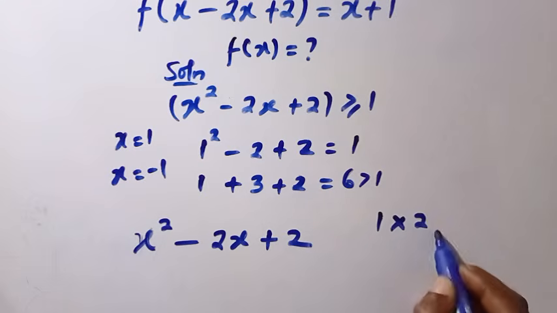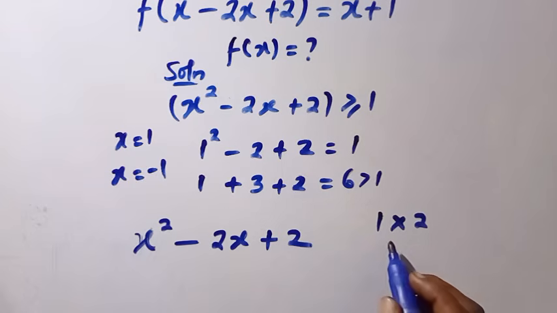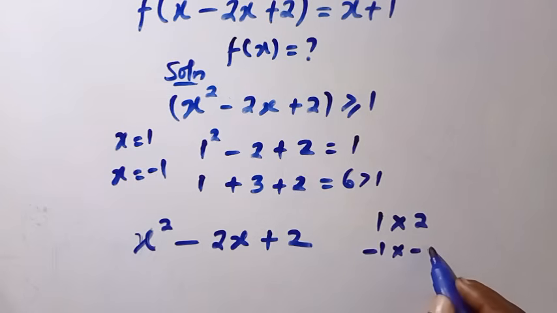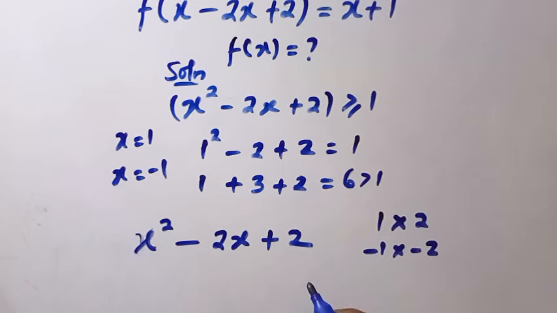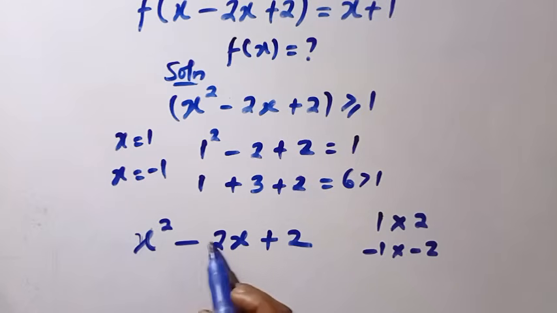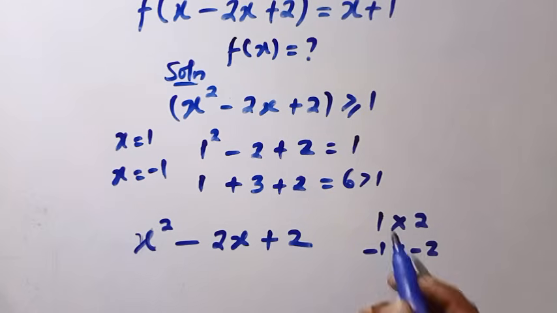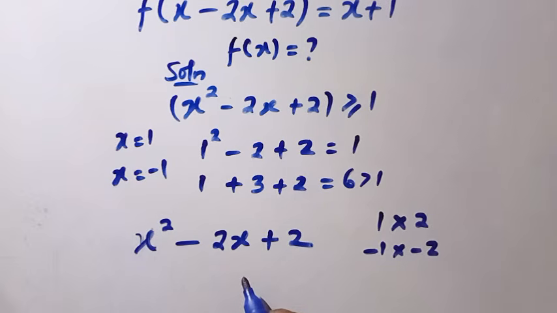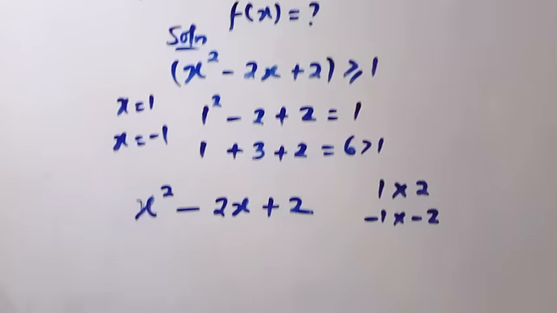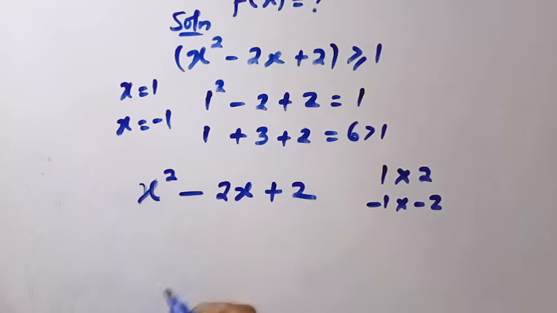Let's say we have 1 multiplied by 2, and we can have 2 multiplied by 1, or minus 1 multiplied by minus 2. So these are the two factor pairs that we can have. But does any of them sum to negative 2? No. 1 plus 2 is 3, and minus 1 minus 2 is minus 3. Which means we cannot factorize this. Therefore, let's use the completing the square method to solve this.